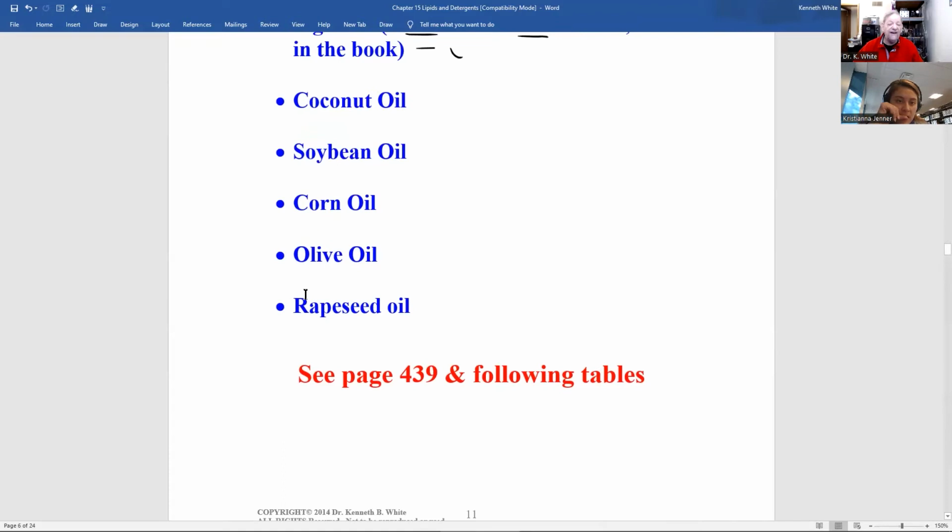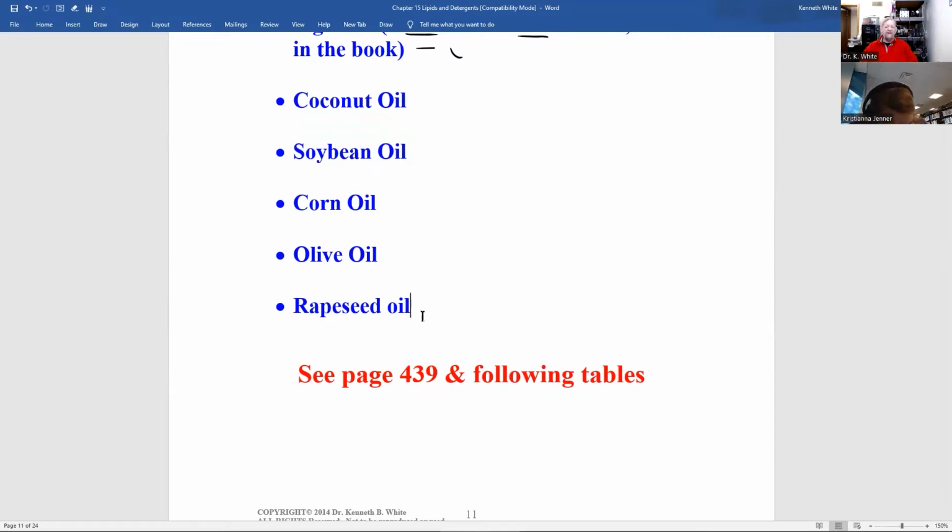All right, now, an interesting compound is rapeseed oil. How many of you have ever heard of rapeseed oil? Most of you probably have, and I see one of your colleagues has. Now, rapeseed oil comes from the rapeseed plant, and through most of the developing parts of the world, it's probably because it's the least expensive cooking oil, it's widely used.